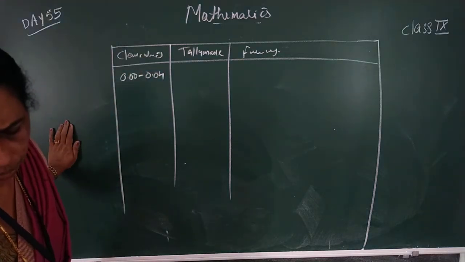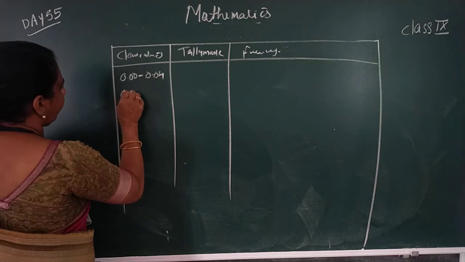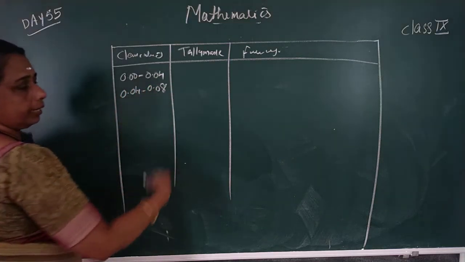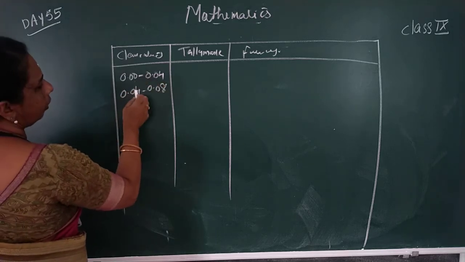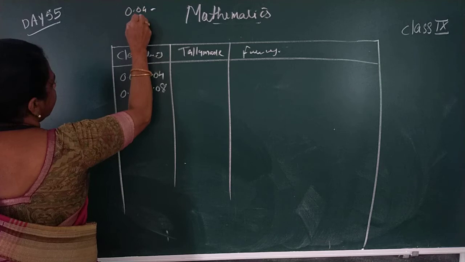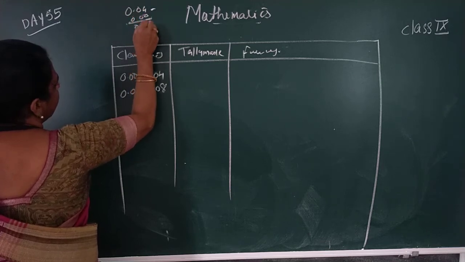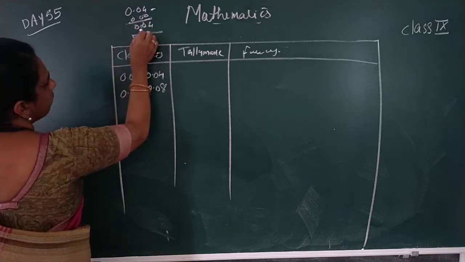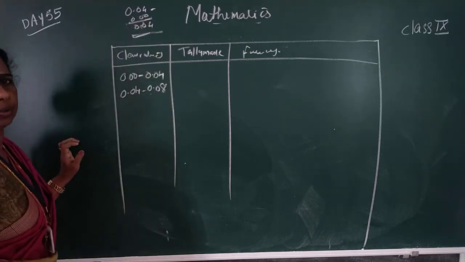Next one 0.04 to 0.08. What is the class size here or class width? Upper limit minus lower limit. The class width or class size is 0.04.